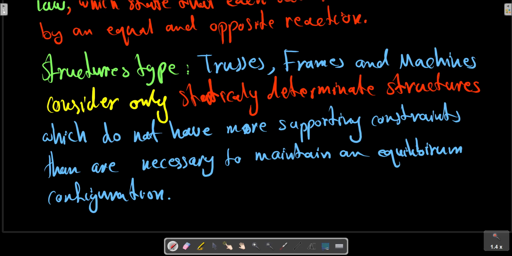Thus, as we have already seen, the equations of equilibrium are adequate to determine all unknown reactions.